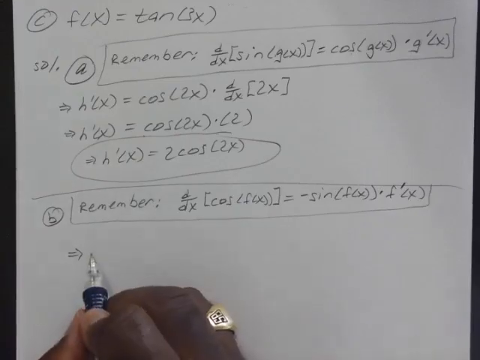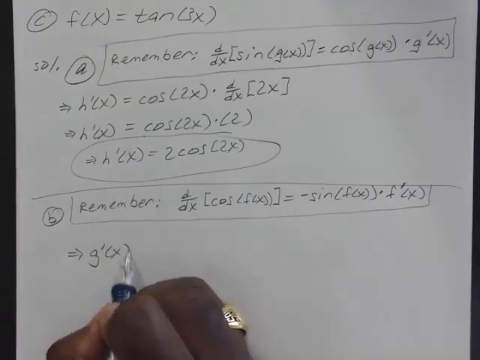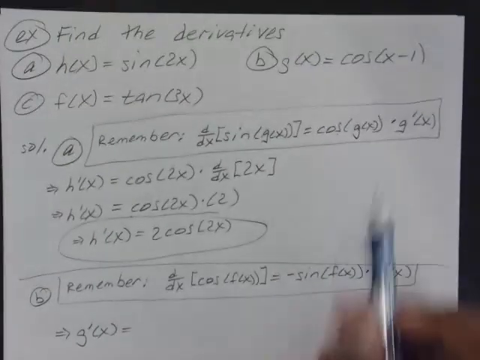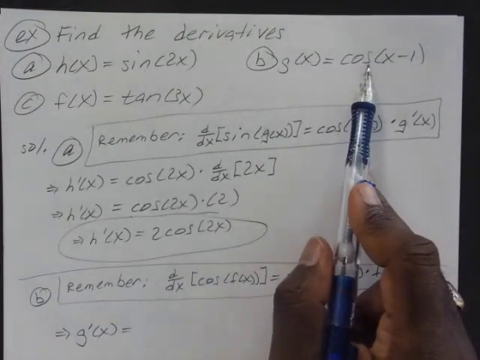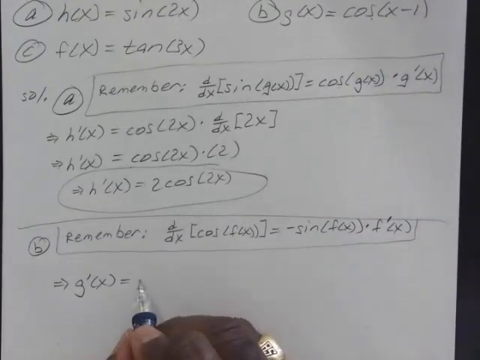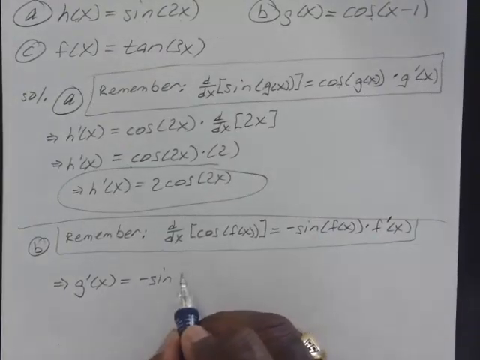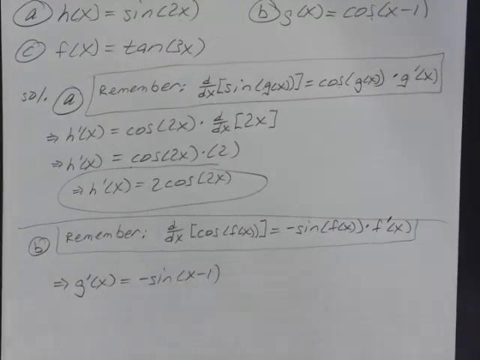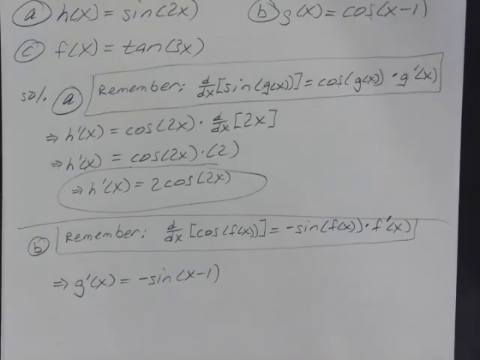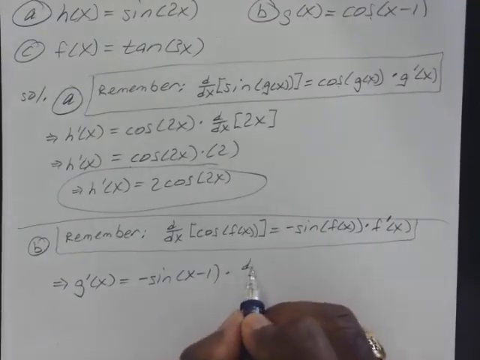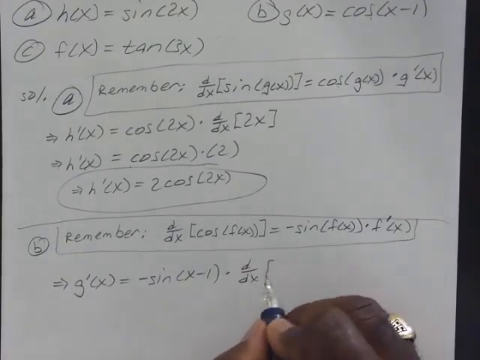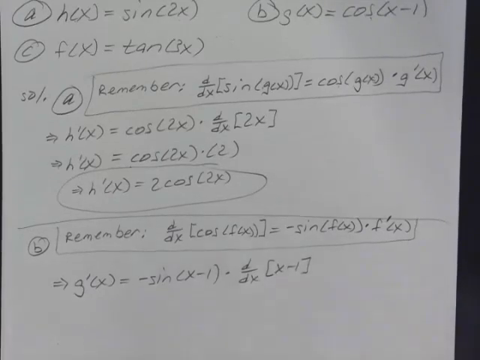Okay, so we know that g prime of x is going to equal the derivative of cosine, which is negative sine. That's going to be negative sine of x minus 1 times the derivative of x minus 1. Okay, so you take the derivative of the whole thing and multiply it by the derivative of what's inside.